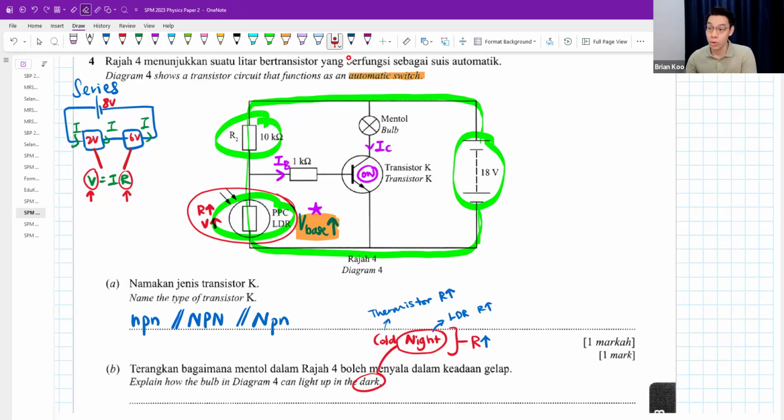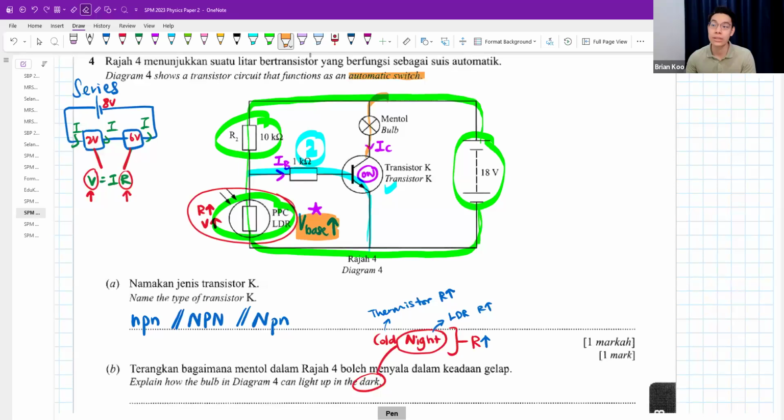Okay, the moment, I repeat, the moment base voltage increases, this blue color one will start to flow. If it's not high enough, it will not flow. So the green color one you have to see first. Then only the blue color one, number 2. If the blue color one flows, transistor will turn on. Then only the orange color one will flow.